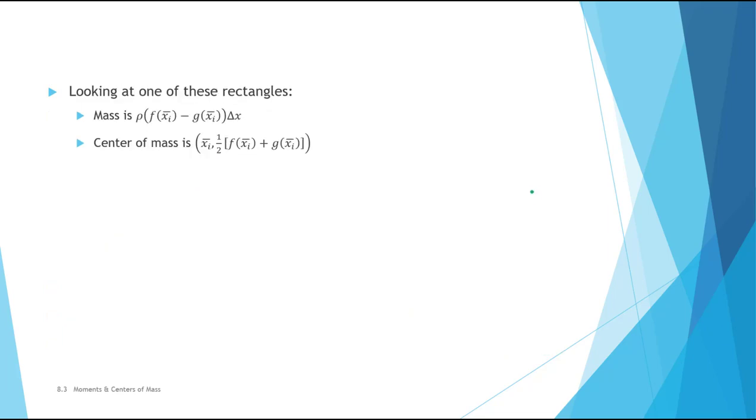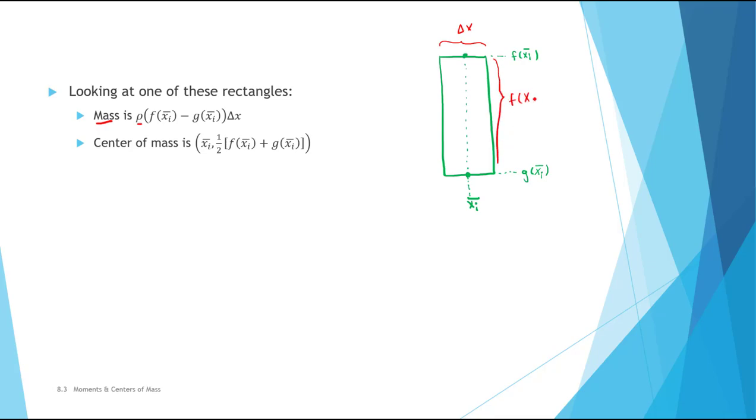Okay, so let's just focus on that ith rectangle. For this rectangle, we can find the mass by taking the density times the area. Well, the area is length times height, or width times height, and the width we know is delta x, and the height is f of xi bar minus g of xi bar.